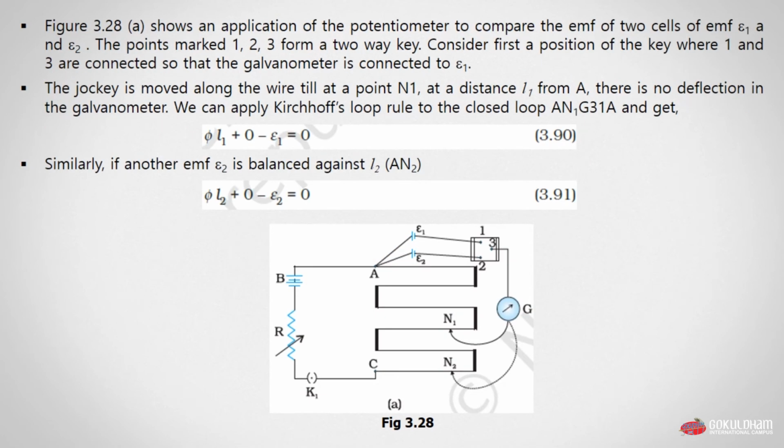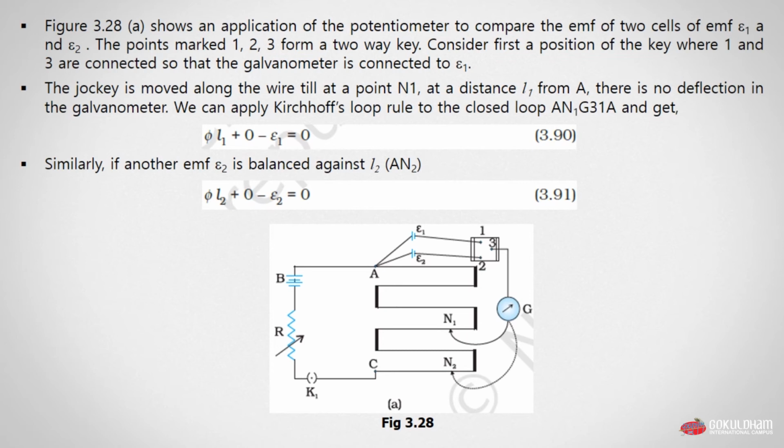Now figure 3.28a shows an application of the potentiometer to compare the EMF of two cells of EMF epsilon 1 and epsilon 2. The points that are marked as 1, 2, 3 form a two-way key. Consider first a position of the key where 1 and 3 are connected, so that the galvanometer is connected to the cell of EMF epsilon 1.